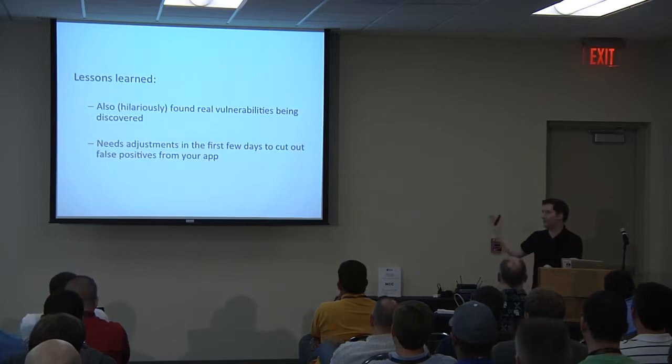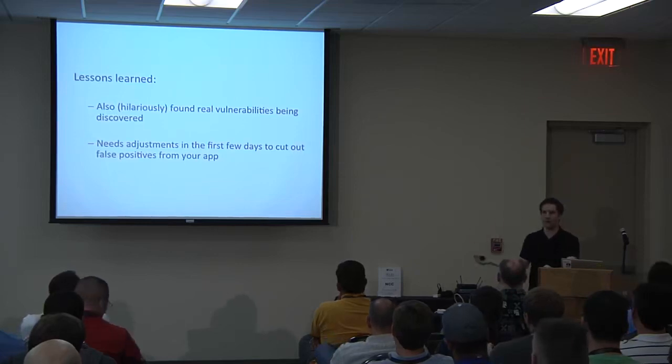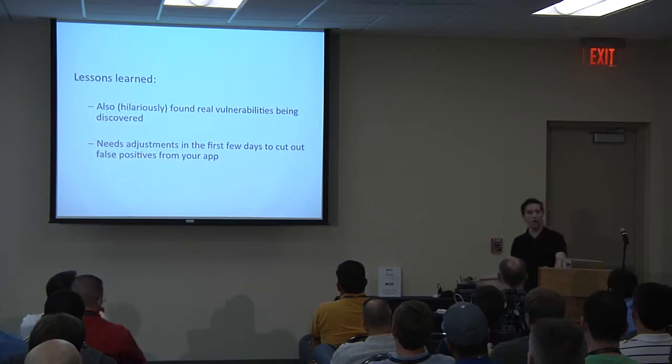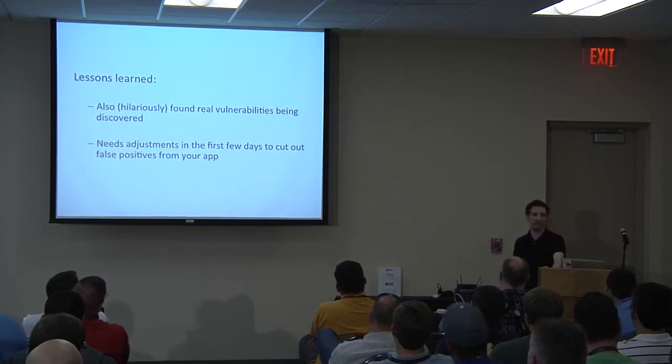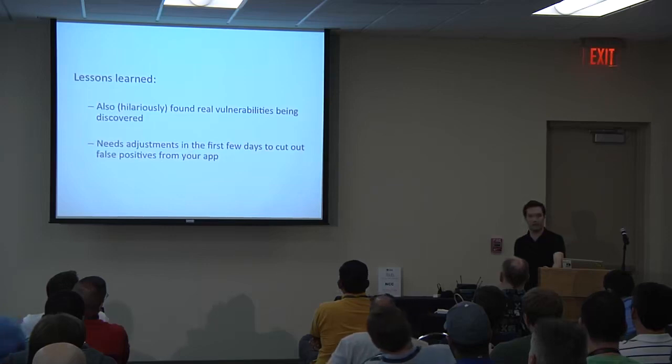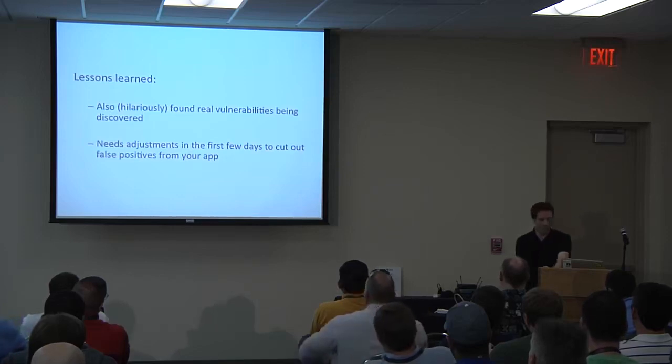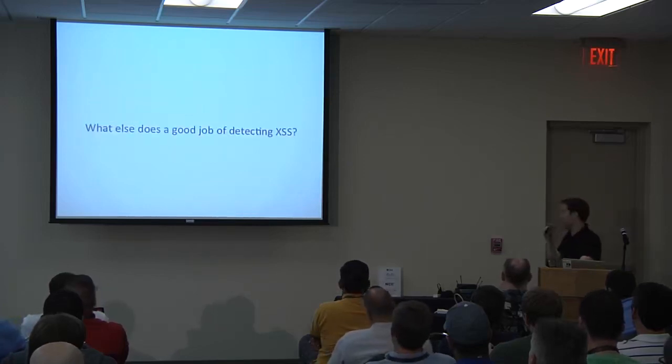You'll have areas of your app that you think are debug code or something like that, but it turns out it gets hit by 1% of your user base, and at scale that becomes a ton of data. You whitelist it real fast though. In our case, it was spend about the first 24 hours on it, whitelist a few things, and you're good.